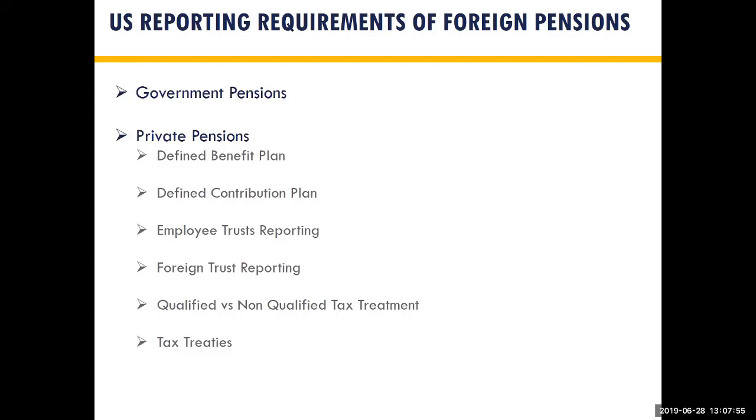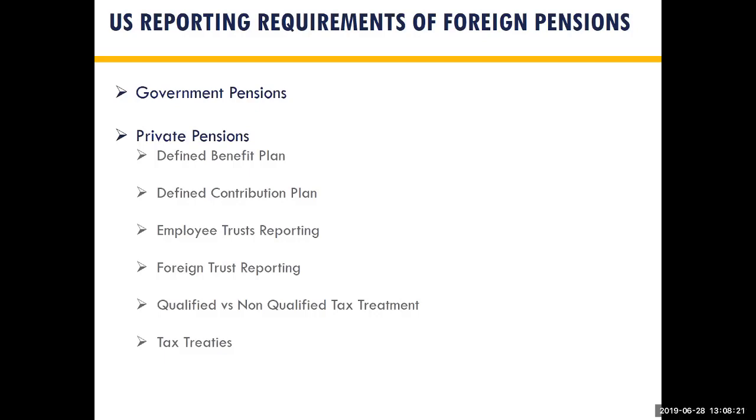The treaty will usually tell you which country has a right to tax that. So there's a lot of analysis that should go into this, both before you reach retirement age and after you reach retirement age and start pulling out distributions. These types of things should be addressed and looked into.